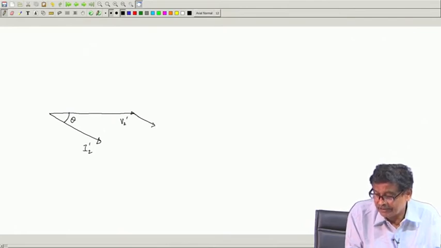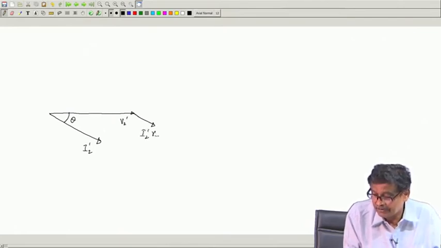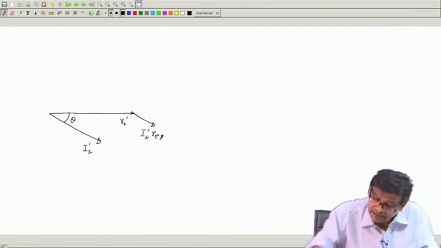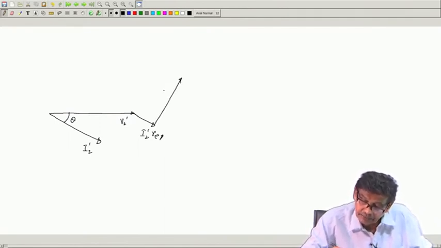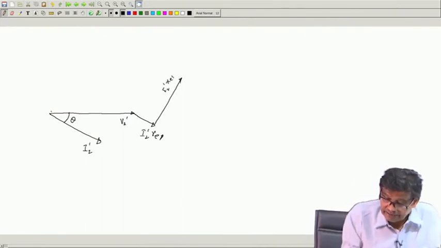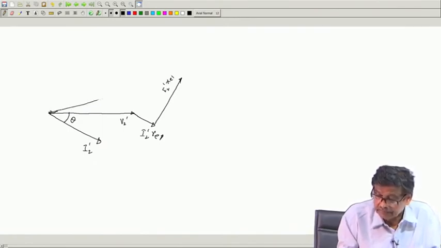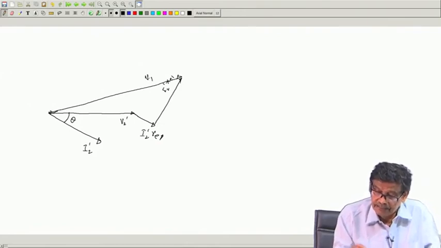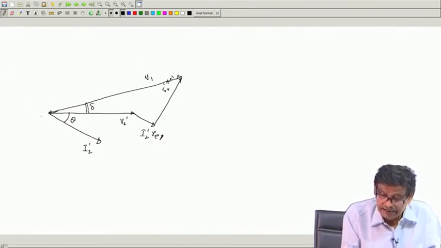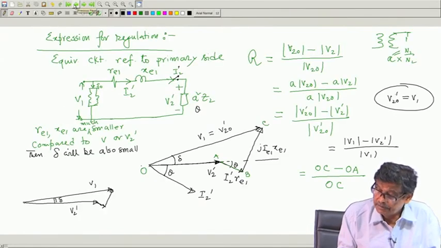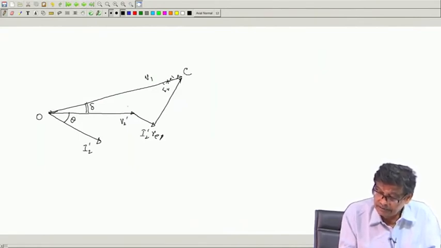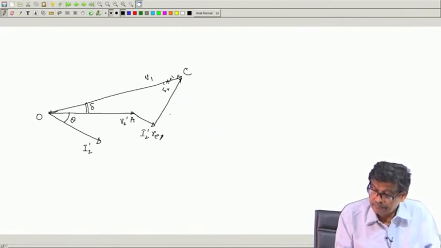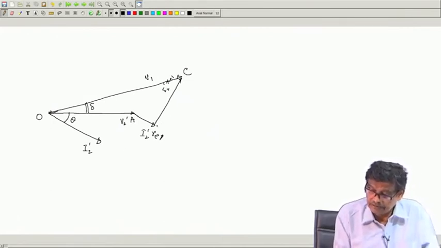So, this is suppose I2 dashed R_E1, and then 90 degree here, and this is suppose I2 dashed X_E1, and this length is your V1, and this angle is delta, and I named it as, if I remember correctly, O, C, O, A, B. So, this guy called OC, OA, where is B? This point, like this.